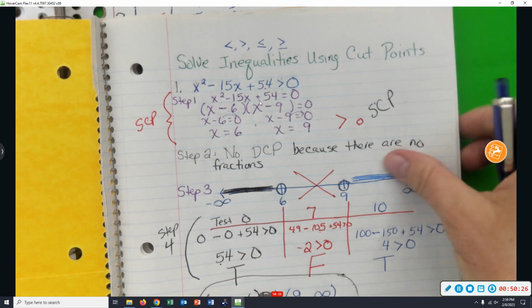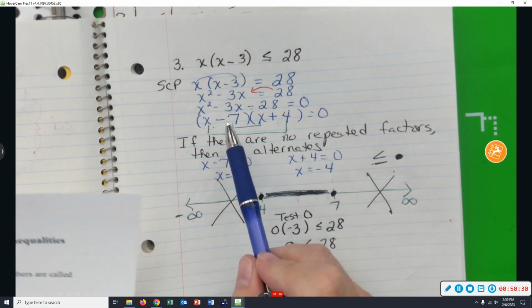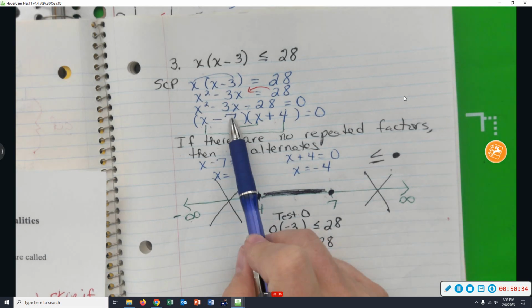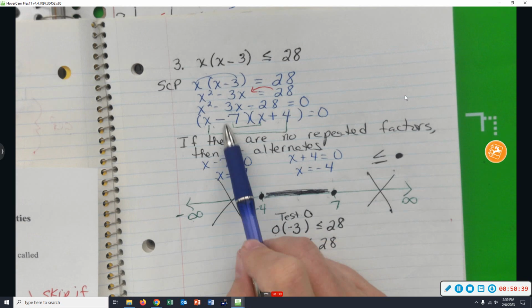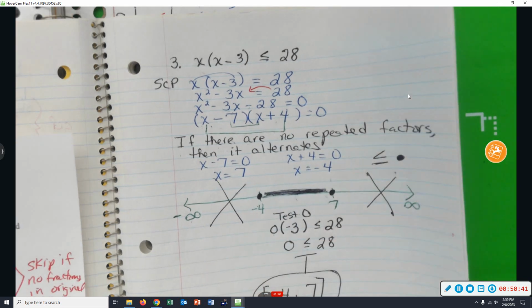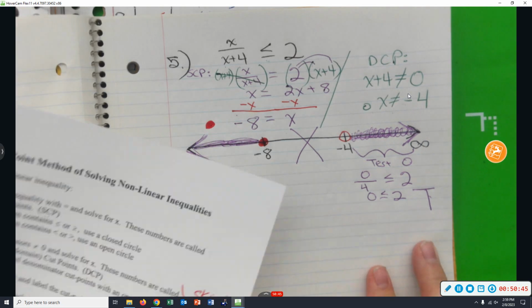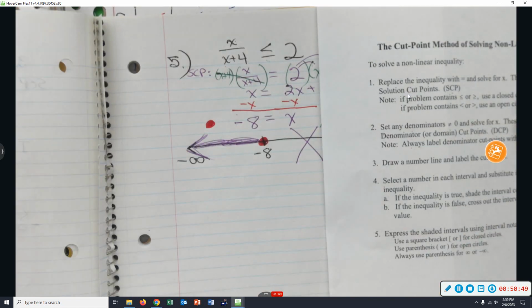No. Or the factors repeated, x minus 4, x minus 4. Or x minus 7, x minus 7, x plus 5, x plus 5. That's what I mean by repeated factors. Here's that picture.